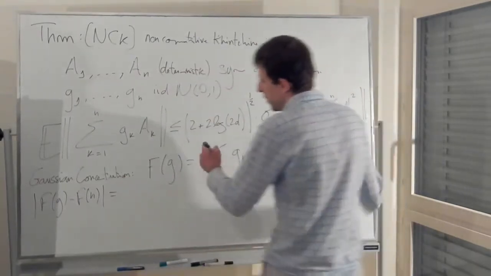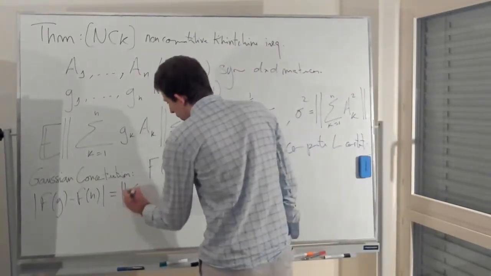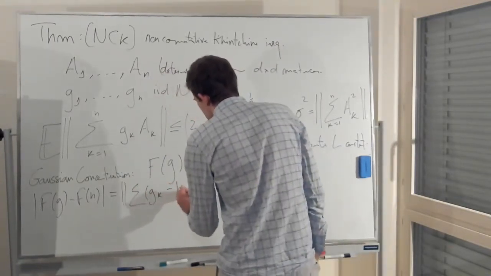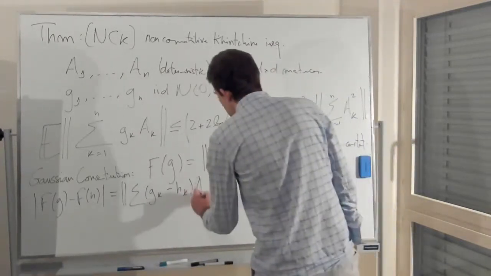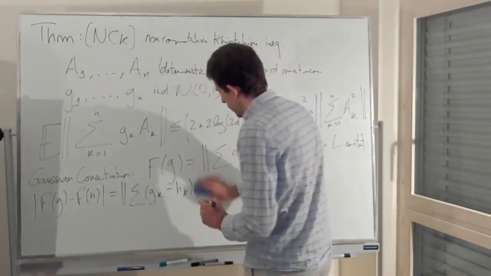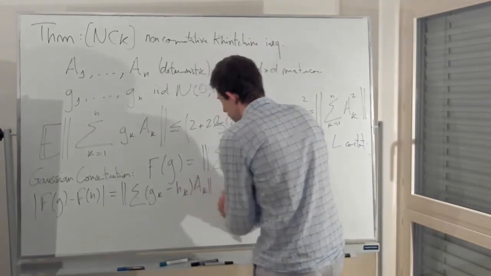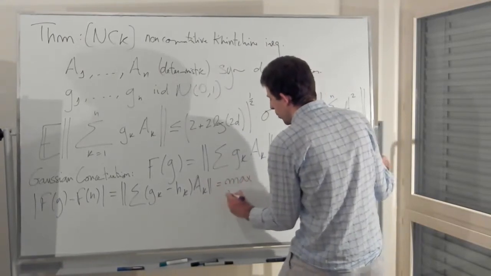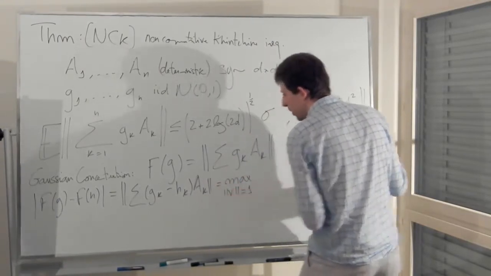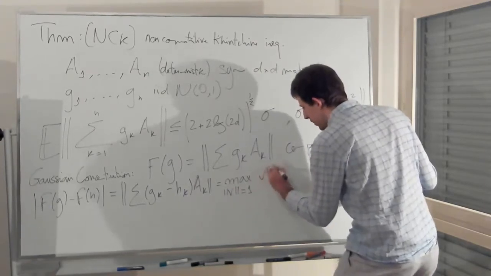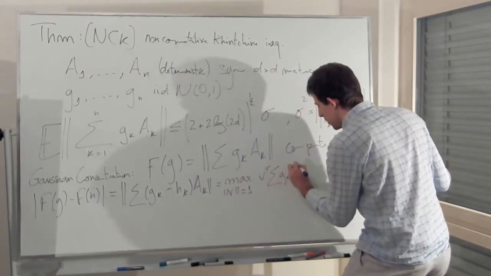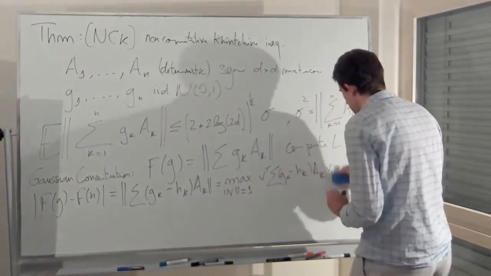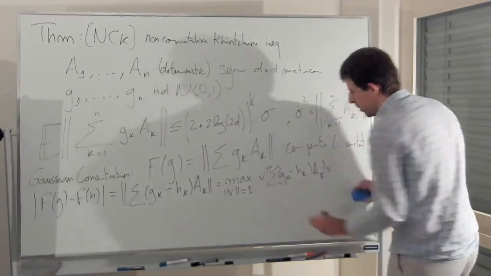What is this? This is equal to the spectral norm of the sum of (g_k minus h_k) a_k. Right, but now what is the spectral norm? The spectral norm is the maximum over vectors v that have norm 1 of v transpose times this sum times v.